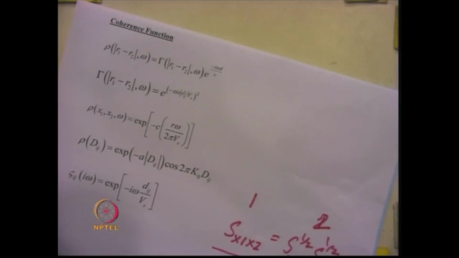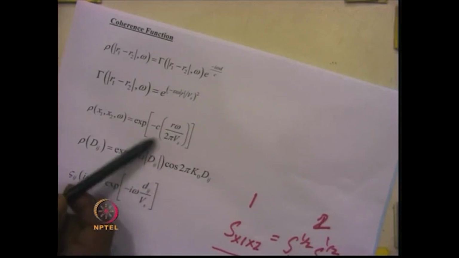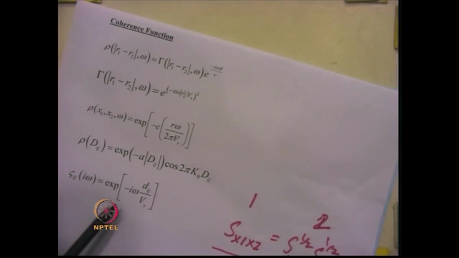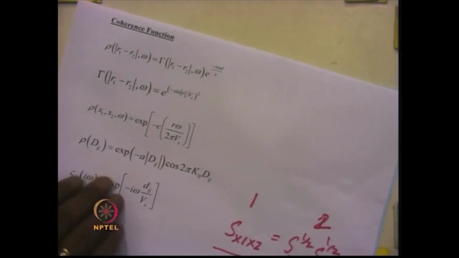In fact, it is logical that the cross power spectral density function terms would be a complex function or a complex quantity rather than a real quantity. However, if we use this particular form of the equation, which is a special form of this one, then we get the cross power spectral density function as the real quantity.